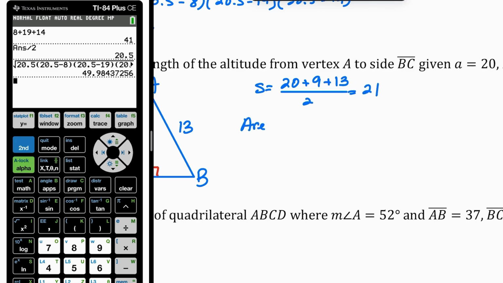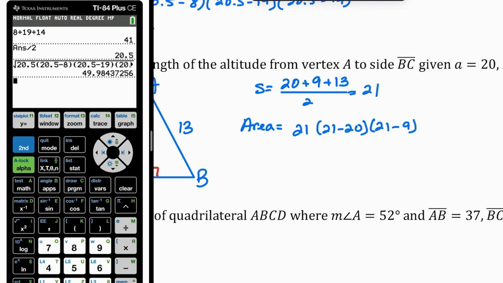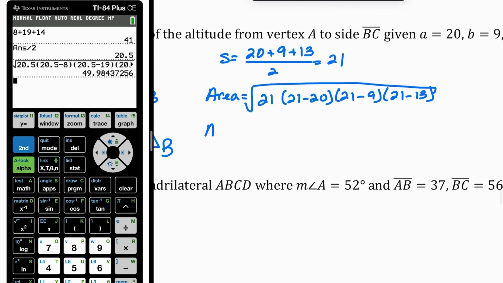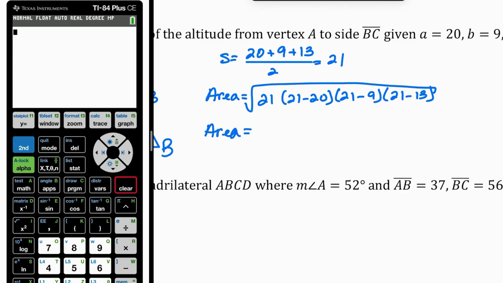So the area of this triangle ends up being the square root of 21 times 21 minus 20 times 21 minus 9, and then 21 minus 13, all inside the square root. I'm going to clear out what I did earlier.